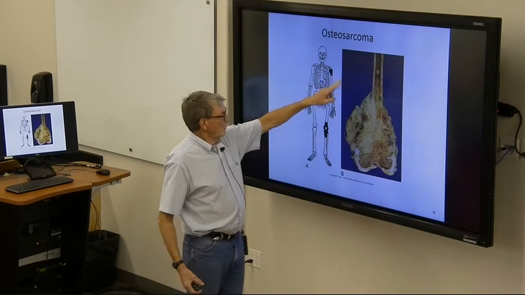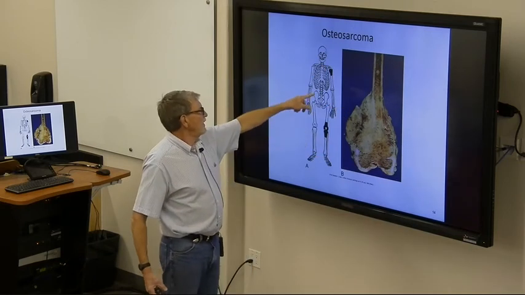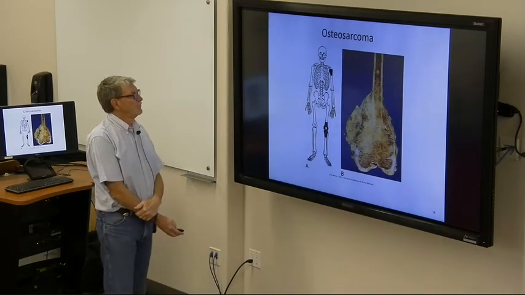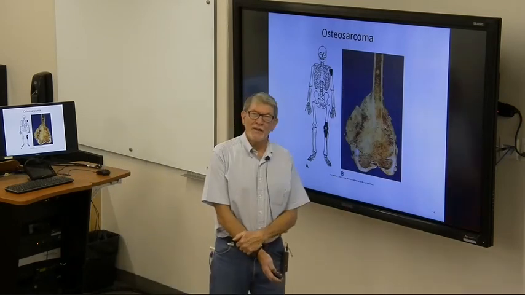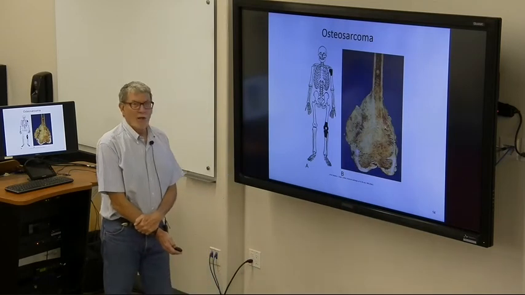Here's an osteosarcoma. It tends to be at the ends of long bones: knees, elbows, shoulders. Bone cancers are pretty bad. They tend to metastasize pretty easily and become life-threatening.